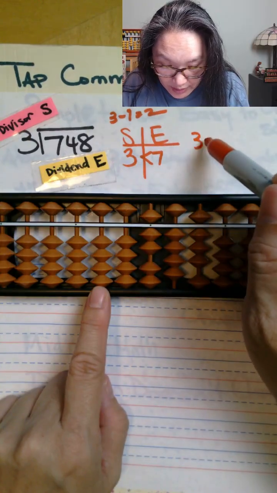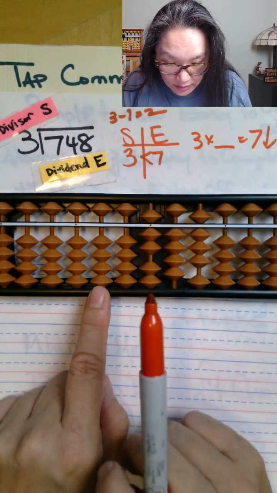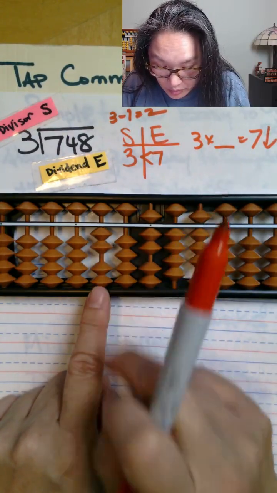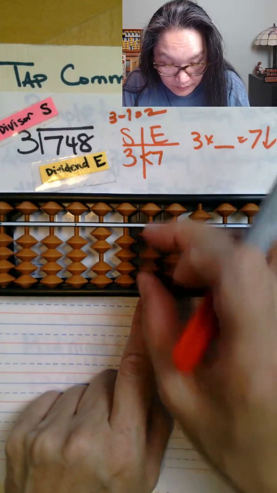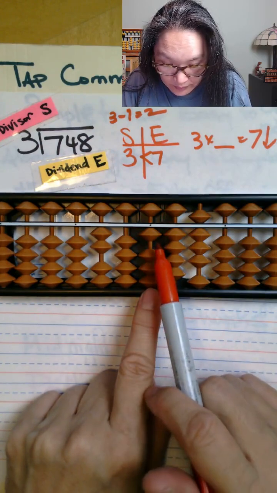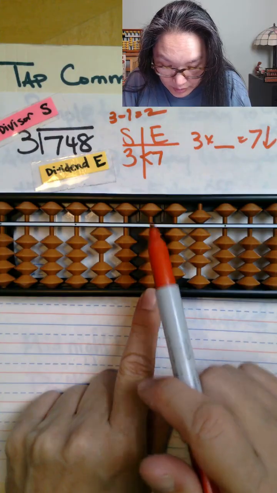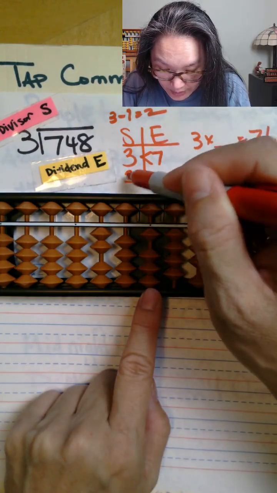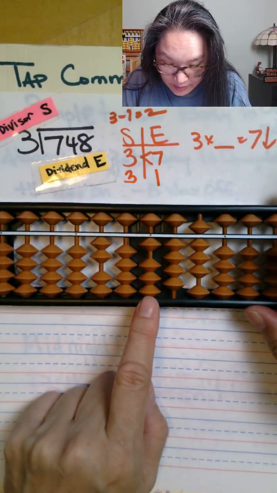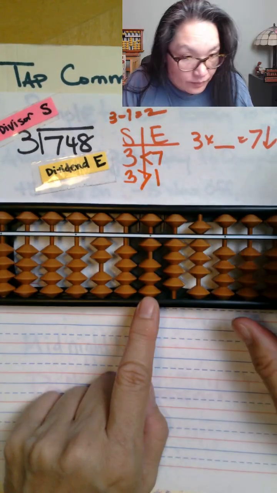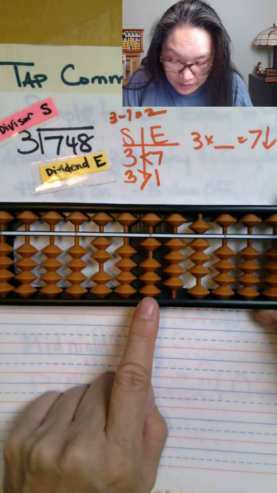So 3 times what is equal to 7 or less? 3 times 2 is equal to 6. And then I compare this 1 digit to my 3. 3 is my divisor, 1 is my dividend. My 3 is bigger, right? My divisor is bigger.